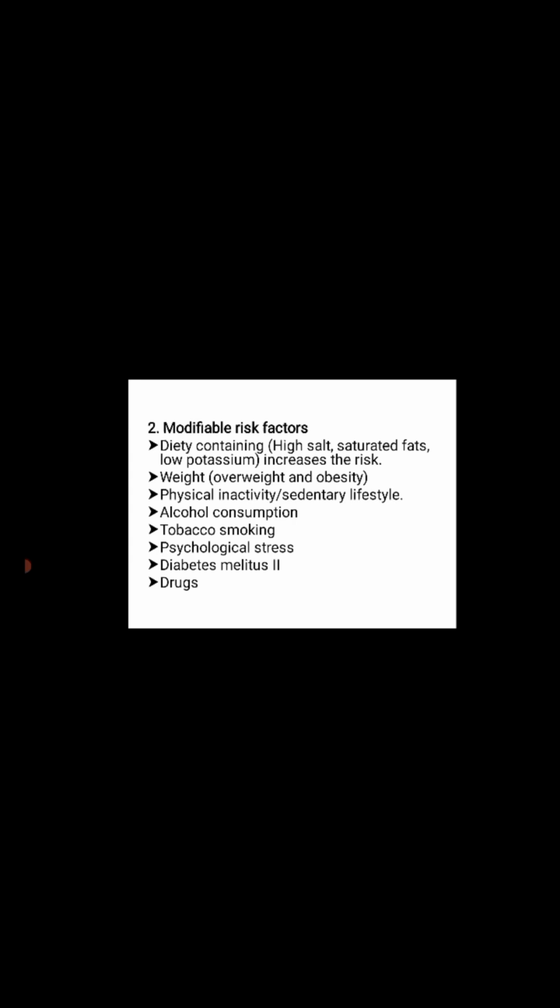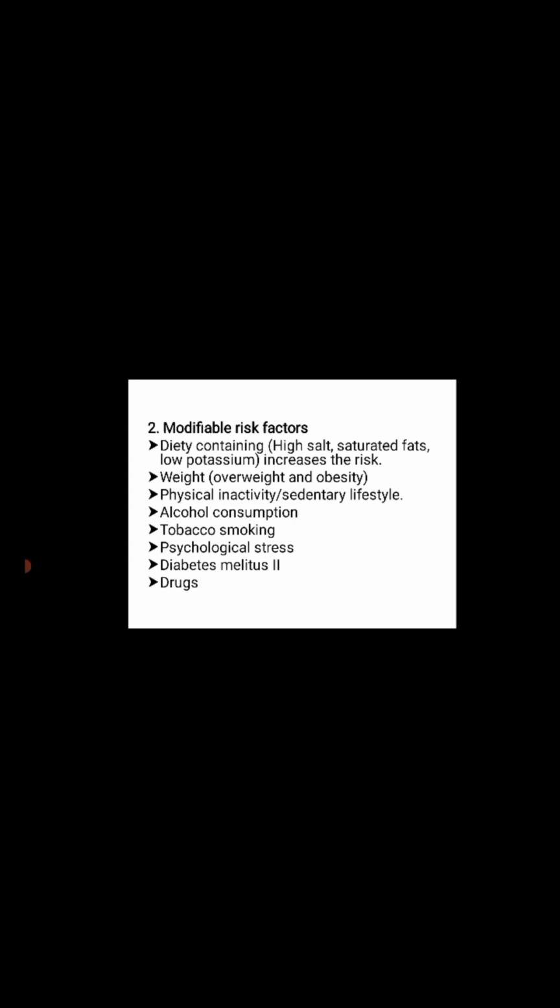One of the modifiable risk factors is diet. These are the things under diet which can put you at a higher risk of getting hypertension: high salt intake, consuming a lot of saturated fats, and consuming foods that have low potassium levels. The other one is weight.